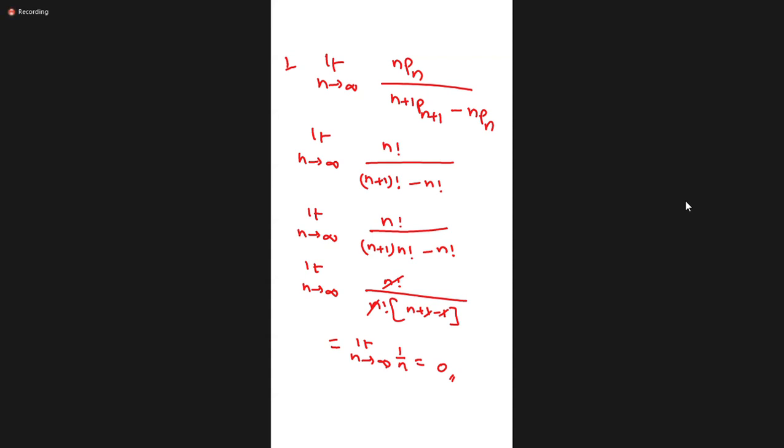Okay, sir. Chalo. Next model, next variety of questions. This is called 1 power infinity type. Next concept, 1 power infinity type. 1 power infinity, 0 power 0, infinity power 0.